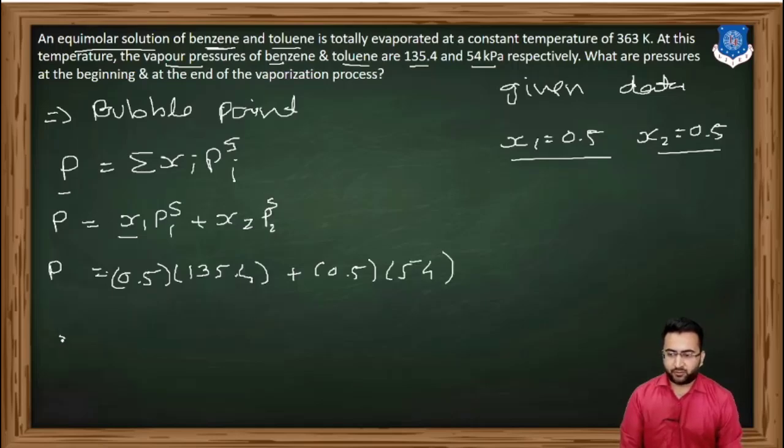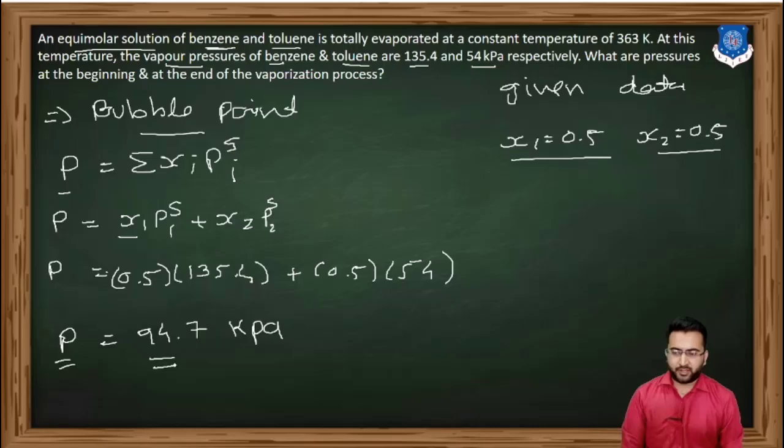If we calculate the bubble point pressure for this solution, we will get 94.7 kilopascal. This pressure becomes our bubble point pressure, where the vaporization will start.